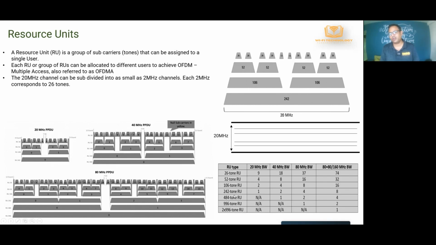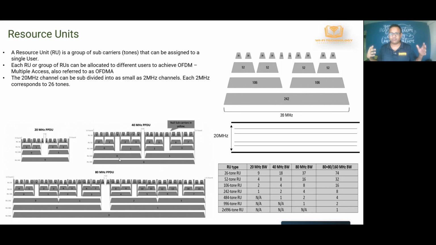And if you're using all 240 tones, then you'll only get 1 user in the 20 megahertz band. Now you can extrapolate that to 40, 80, and 160 megahertz. The most you can get is if you're doing 160 megahertz wide channels and using the lowest number of tones, 26 tones in an RU, then you can get up to 74 simultaneous users communicating with the AP at the exact same time, which is pretty mind-boggling.